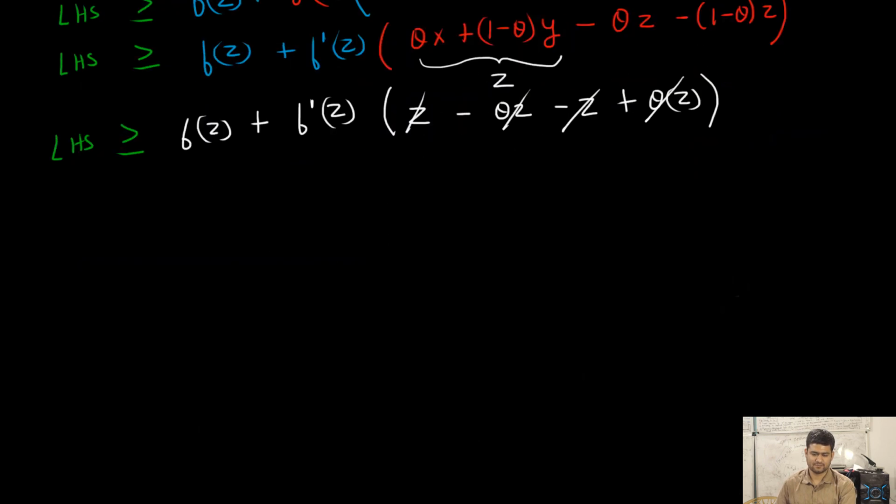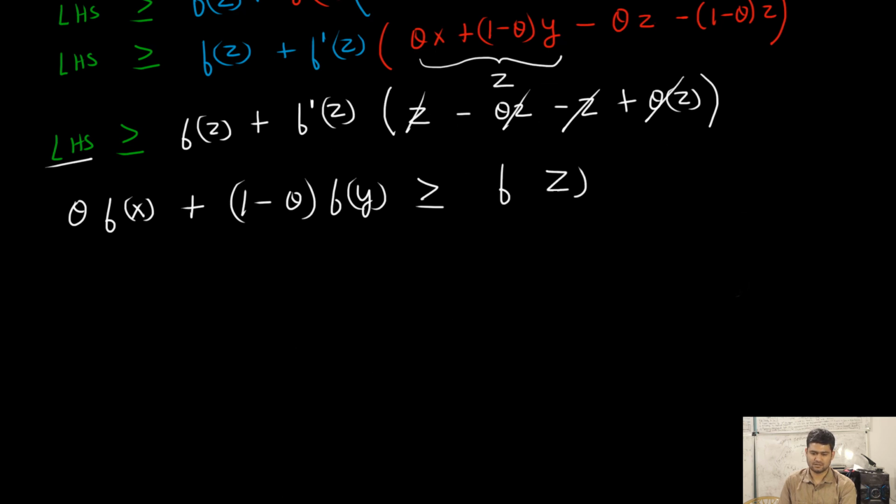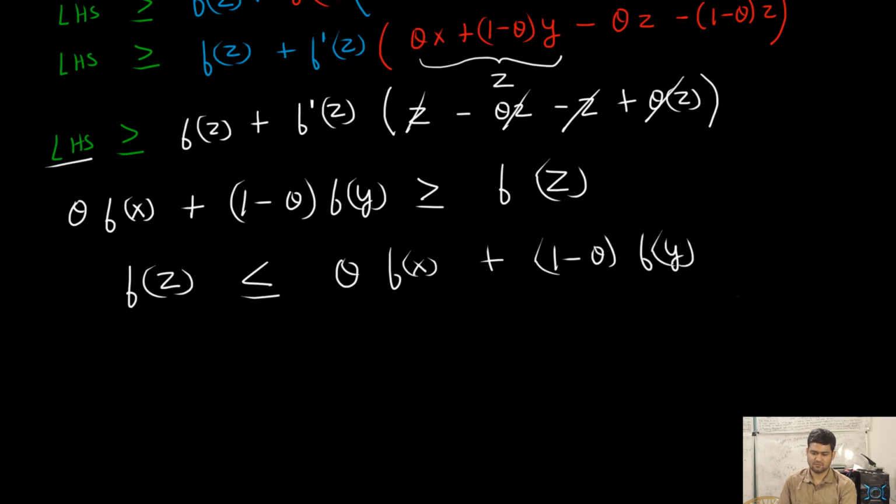So which means that theta times f of x plus, we just write the LHS again, 1 minus theta times f of y is greater than or equal to f of z. We can take it to the left hand side and this to the right hand side. So this gives us f of z is less than or equal to theta times f of x plus 1 minus theta times f of y.